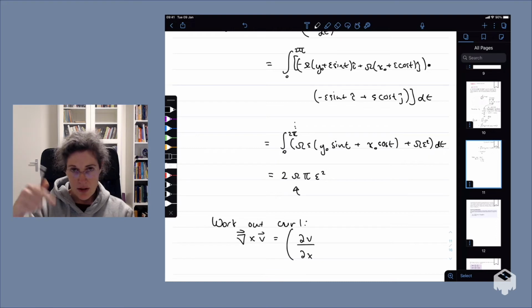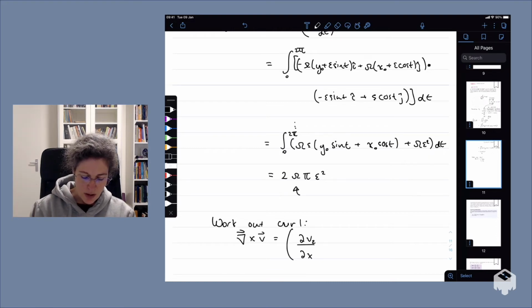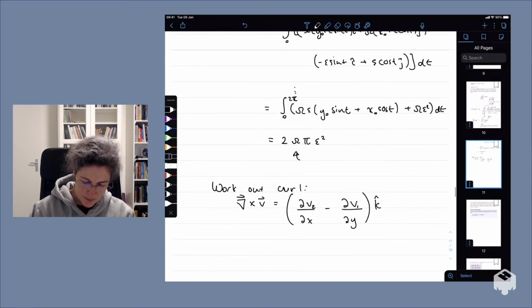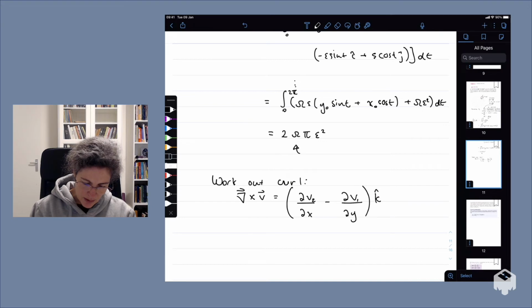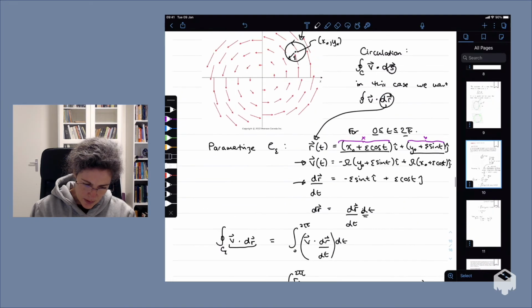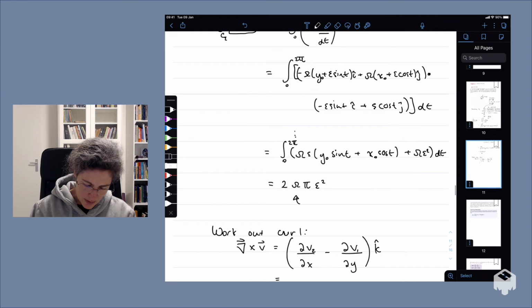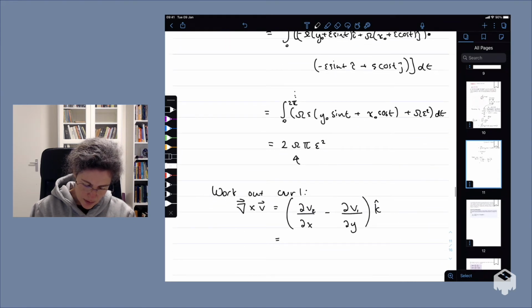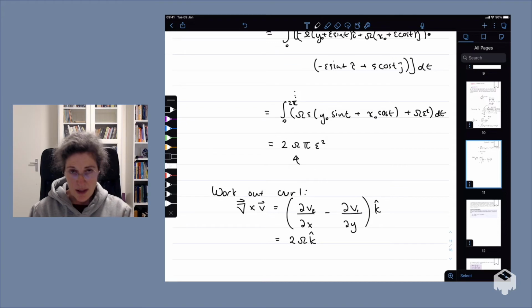We take the x derivative of the second component of our vector minus the y derivative of the first component, and this whole thing lives in the k direction. And if you work this out, we'll end up with d omega in the k hat direction.